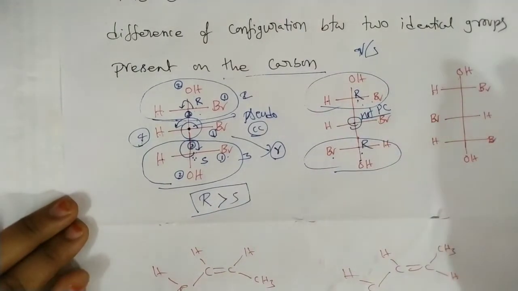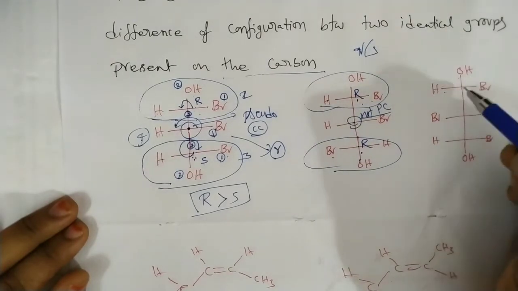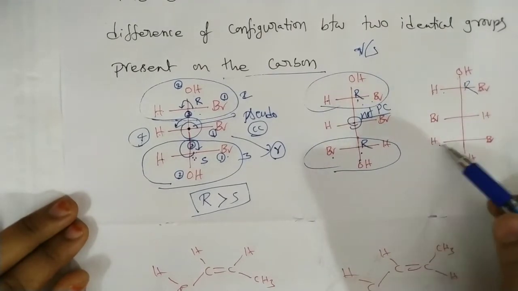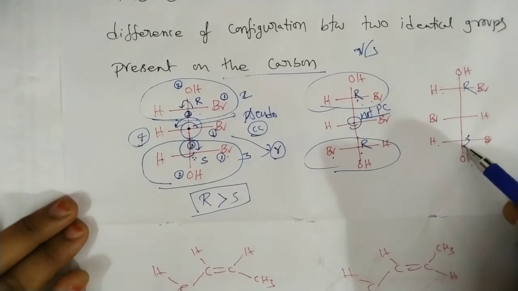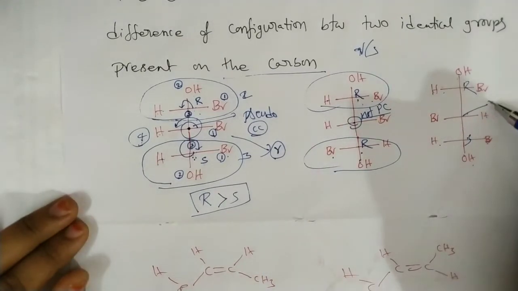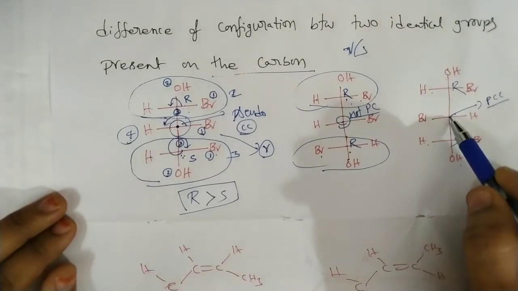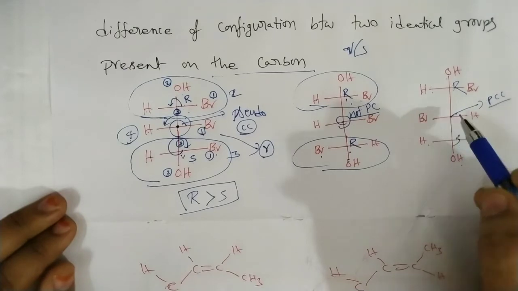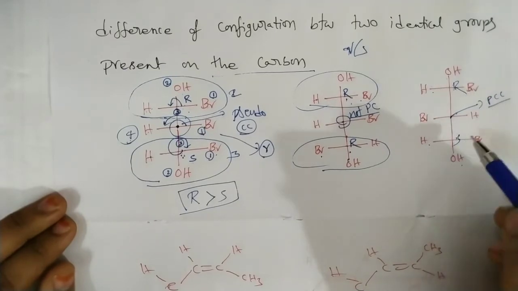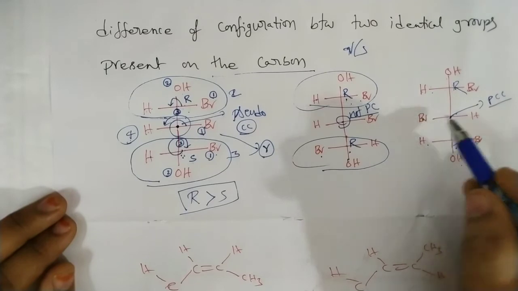Now we come to this one. Here hydrogen, bromine, OH, this configuration is R, and hydrogen, bromine, OH, this configuration is S. So again this carbon is a pseudo-chiral carbon. What is the configuration of this one? Here R group, here S group, and bromine and hydrogen.